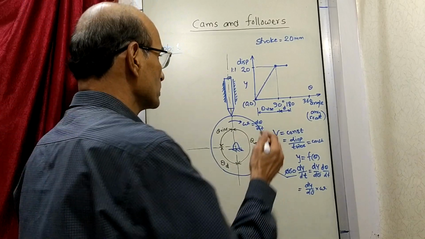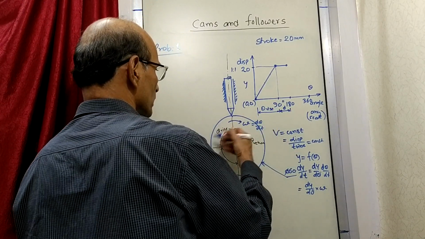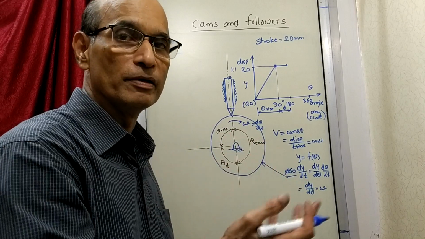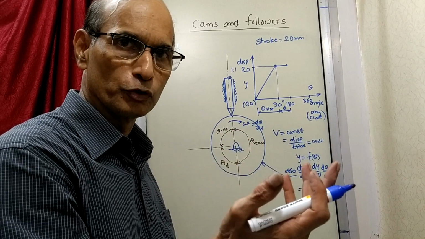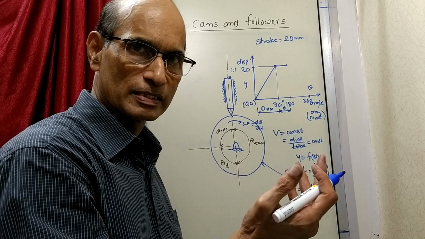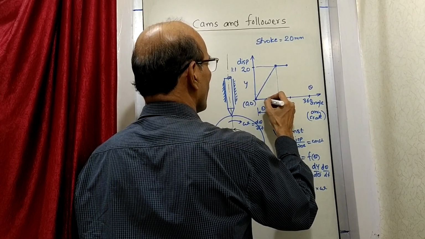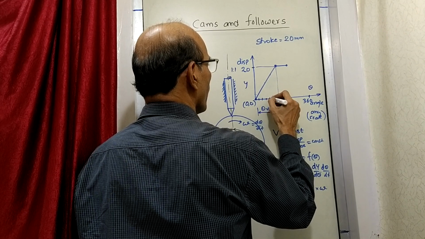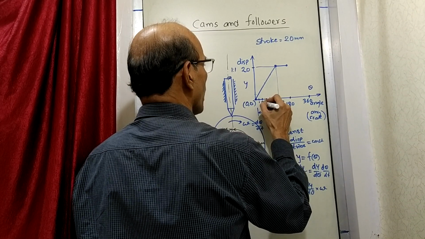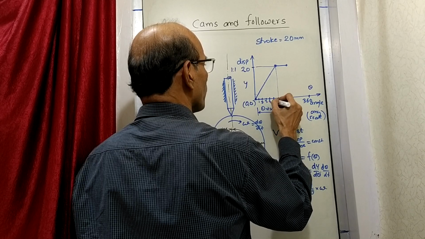So now next thing is, we are dividing this 90 degrees into certain number of equal divisions. That is left to you to decide what the equal divisions are. So suppose I divide this into, let's say, 6 parts. 6 equal parts, 1, 2, 3, 4, 5 and 6.